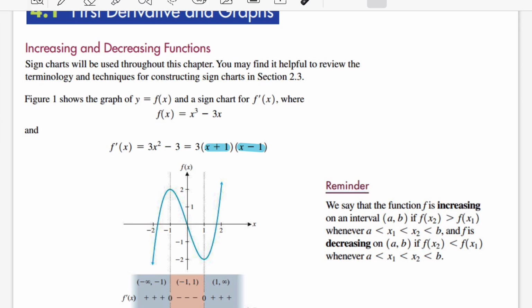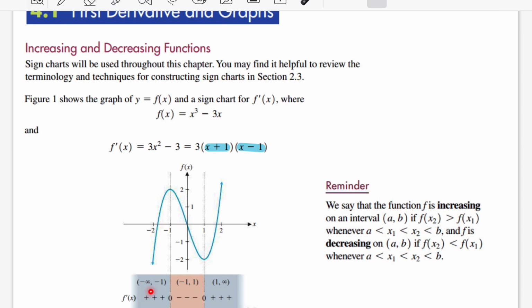And looking at the next interval here, as we move from left to right, we see that all of our f of x values are getting smaller within this interval. So here we'll say that our function is going to be decreasing. And similarly, in this interval here from 1 to infinity, we can see that our f of x values are getting bigger and bigger, so our function is increasing on this interval.